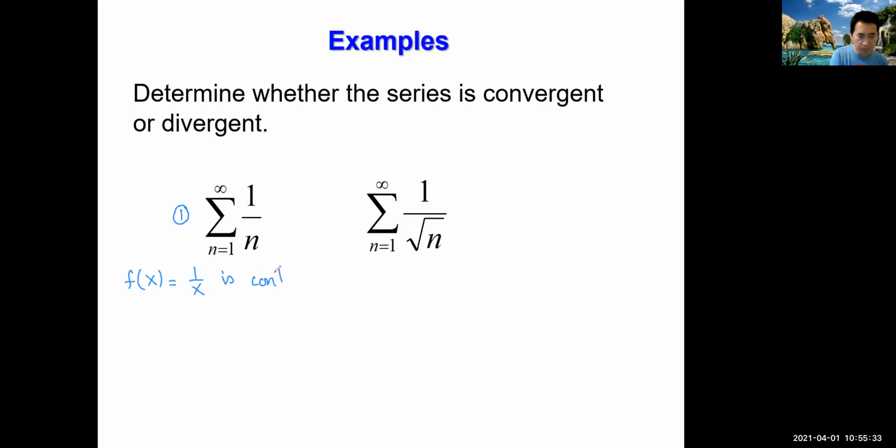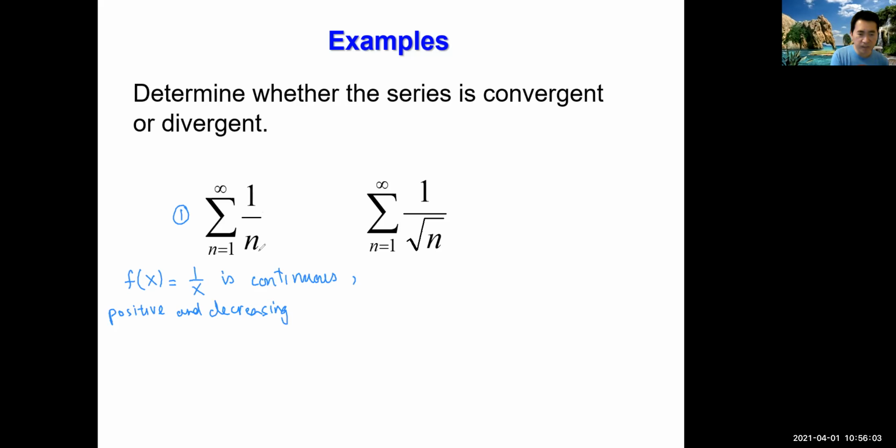And I'm going to ask myself, is this function continuous? Condition 1. Is this function positive? And is this function decreasing? Check 3 conditions. Now, since this function has only 1 on the top and x at the bottom, it's easy to see.